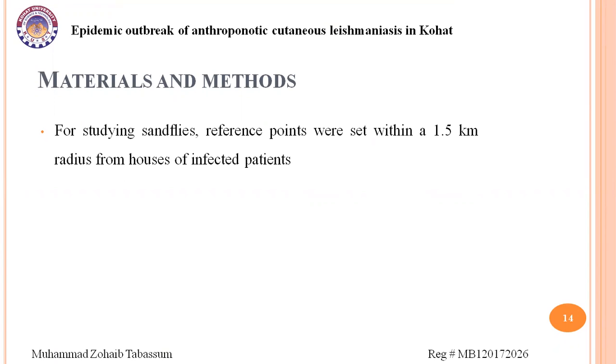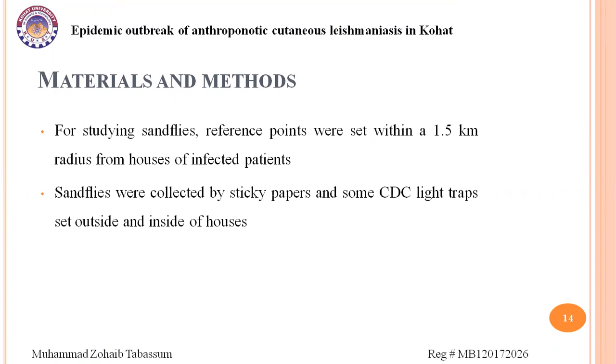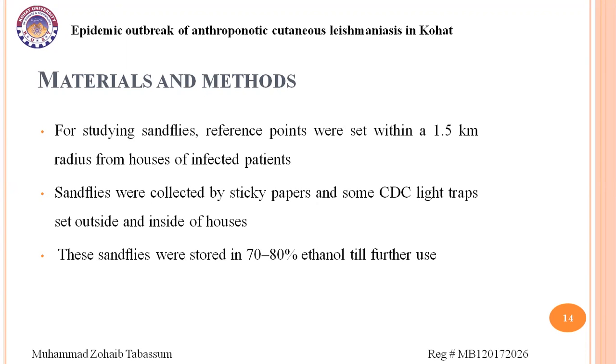Now, the collection of sandflies. For studying sandflies, reference points were set within a 1.5 kilometer radius from houses of infected patients. Sandflies were collected by sticky paper and some CDC light traps set outside and inside of the houses. These sandflies were stored in 70 to 80% ethanol till further use for morphological identification and Leishmania testing by PCR.